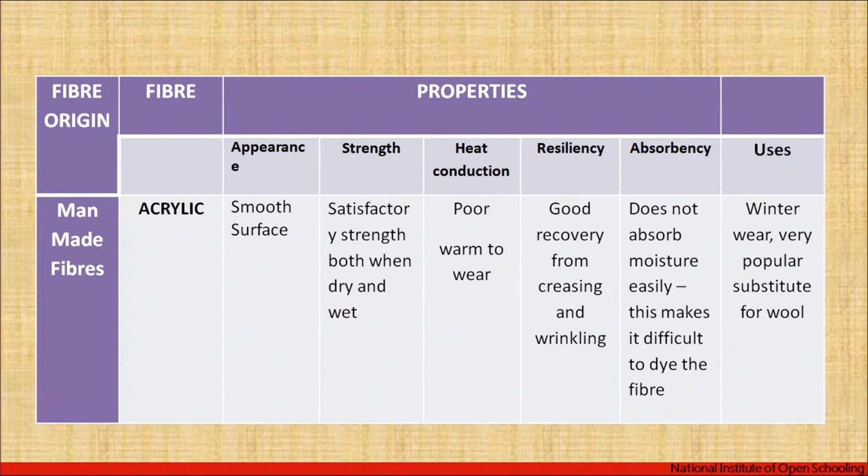Acrylic can be used for making sweaters also. Its resiliency is good, with recovery from creasing and wrinkling. It does not absorb moisture easily, which makes it difficult to dye this fiber. Its uses are for winter wear; it's a very popular substitute for wool fiber.